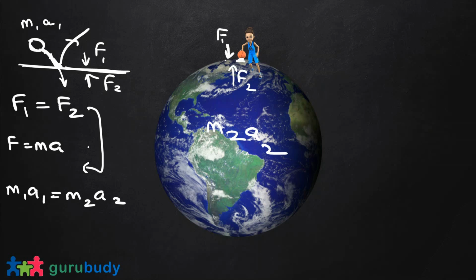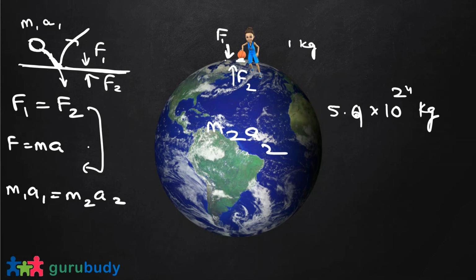Let's say the mass of the ball is about 1 kilogram. That is actually pretty heavy; generally it is less than that. And what is the mass of the earth? That's a good question. The mass of the earth is pretty huge. We know that it's 5.9 something times 10 to the power 24 kg.